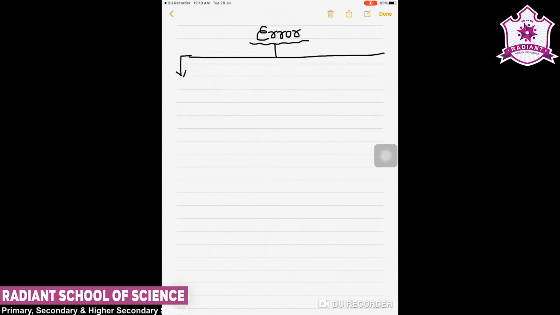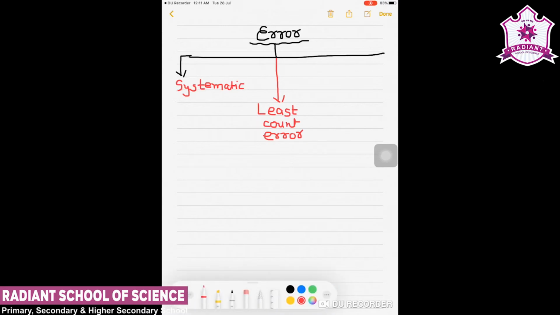So the types are like, say, systematic error, then I can say least count error, and the third one is again a random error. So the third error is a random error.